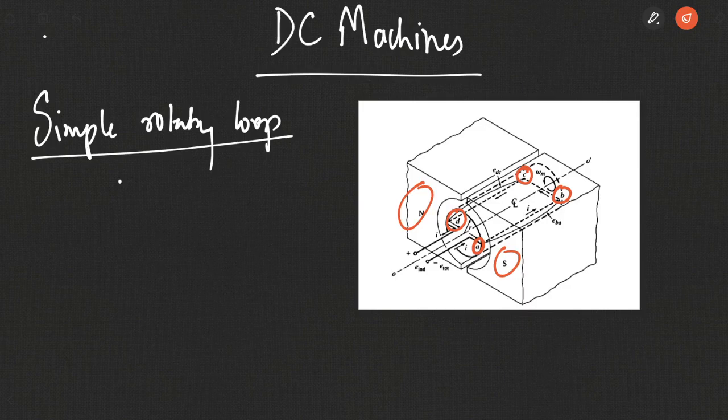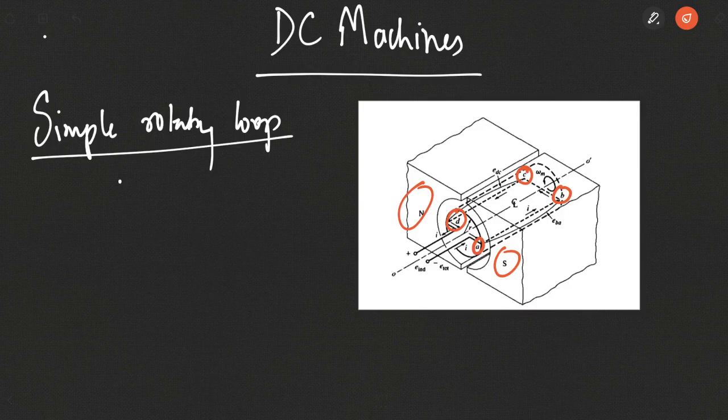When this coil is placed in the magnetic field and a current is made to flow through it, it will experience a torque and start rotating. That will be the principle of a DC motor.